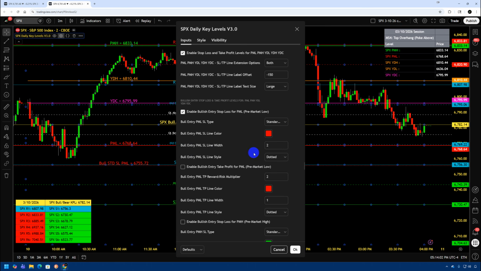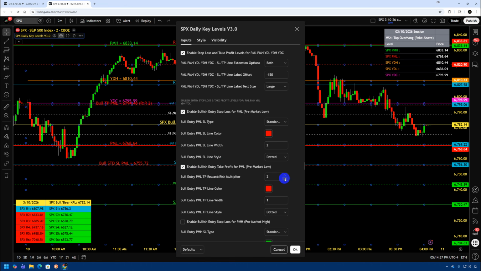And then here we have, if you prefer to have a set take profit, here you can enable a take profit, and then you can simply either go with the standard 2-to-1 reward risk multiplier, so that would be 2 times the risk.